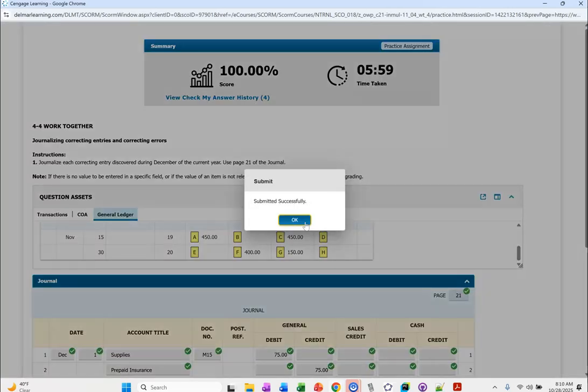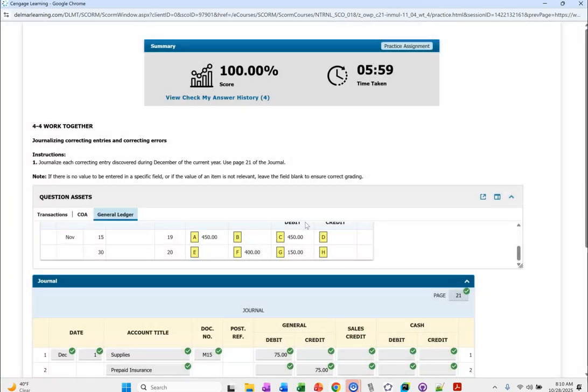So again, if you haven't done the 4-4 work together on your own in application, obviously you should do that. The review problems you should start on today. So again, study guide parts 1, 2, 3, and 4, the application mastery challenge and source documents problem. While you're doing that, you should pay attention to the test format that I talked about.